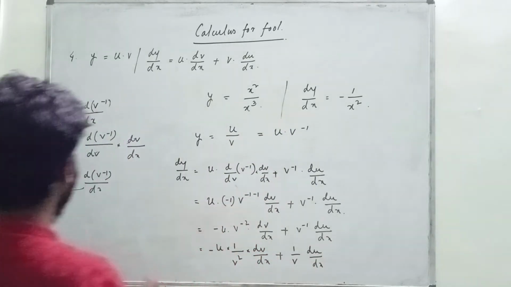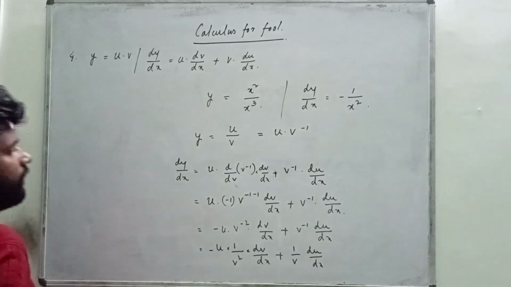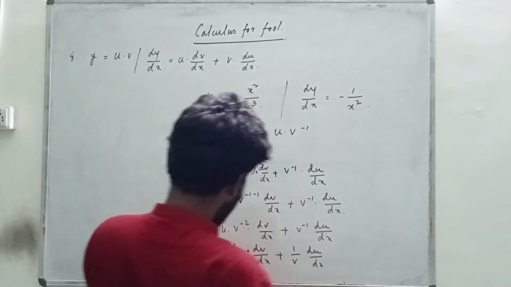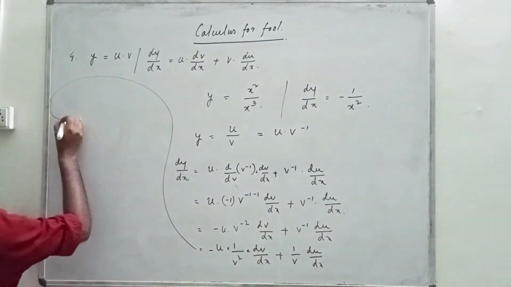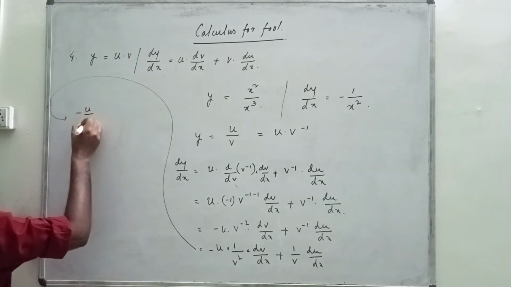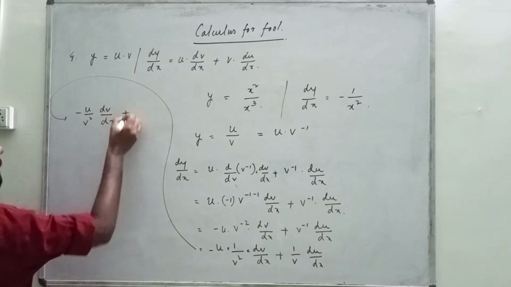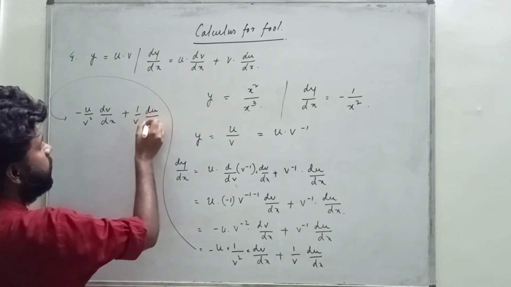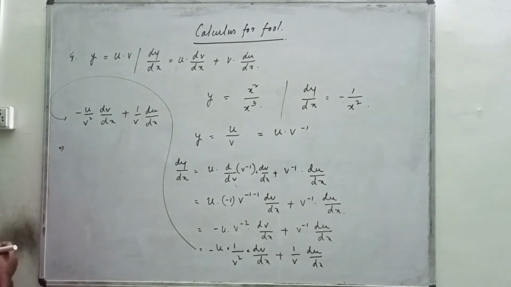And now, okay, so I will erase some part of our calculations. So it is minus u over v squared dv dx plus 1 by v du over dx, right? Just take the LCM, right?